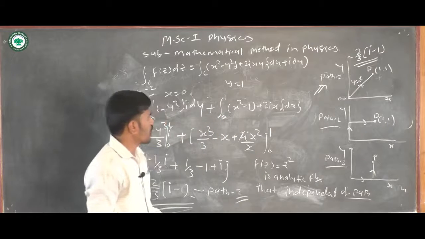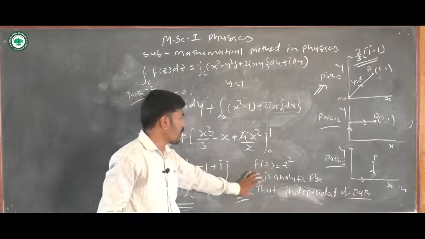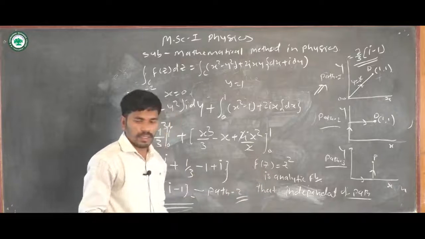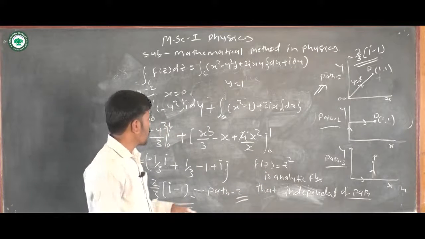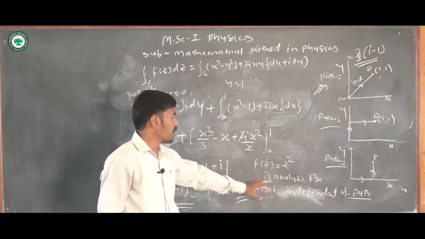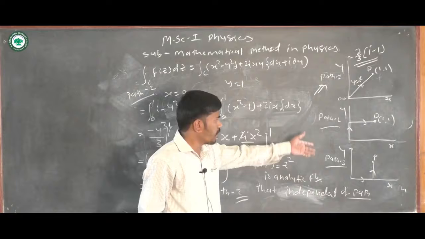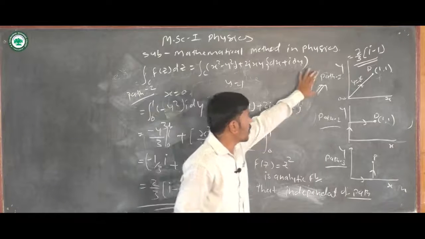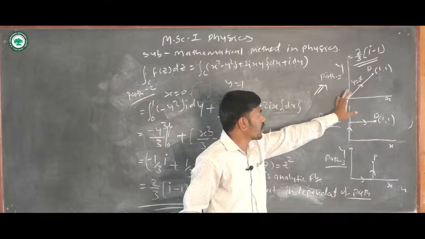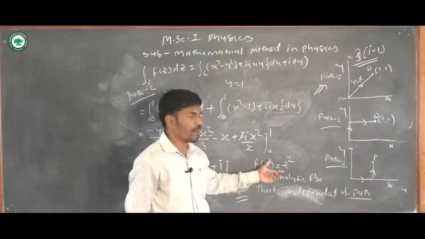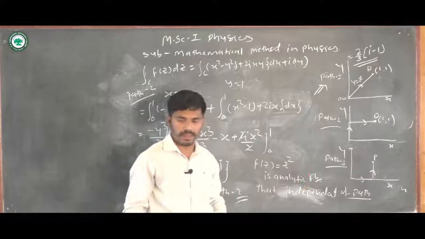So if f of z is independent of path, then we call z square an analytic function. If it depends on these three paths, then for path 1 we get a different result and for path 2 we get a different result, and then we can say this function is not analytic.